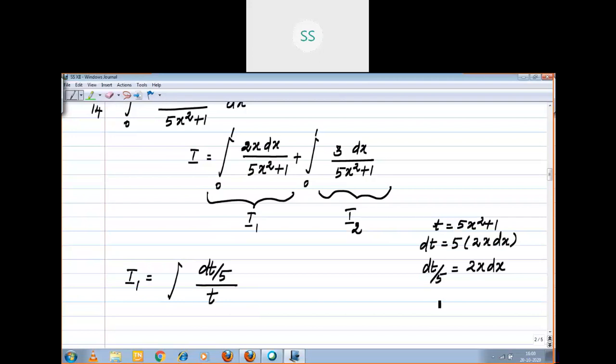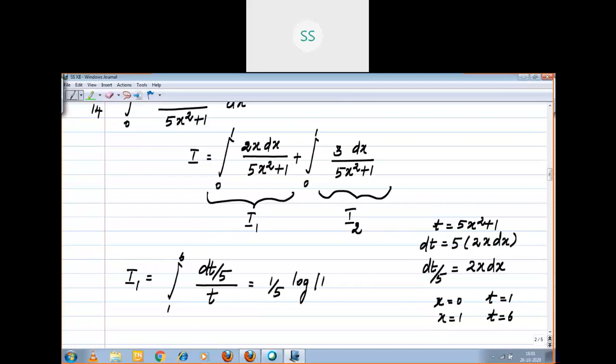Now, whenever you adopt substitution, I told you to change the limit. When x is equal to 0, t is 1. When x is equal to 1, t is equal to 6. So 1 to 6. 0 to 1 means the function in terms of x; 1 to 6, the function comes under t.